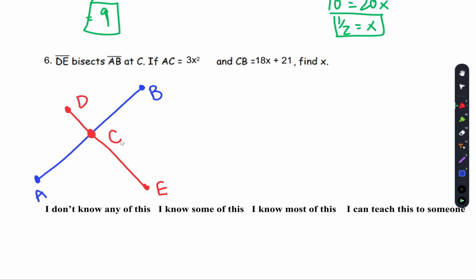Now by the definition of that bisect, what do I know about the segments in here? Anna? Yeah, which ones are congruent? Perfect. I don't know anything about DC and CE. All I know is that is the thing that I'm using to cut the other thing in half. But I do know that AC and CB are congruent.